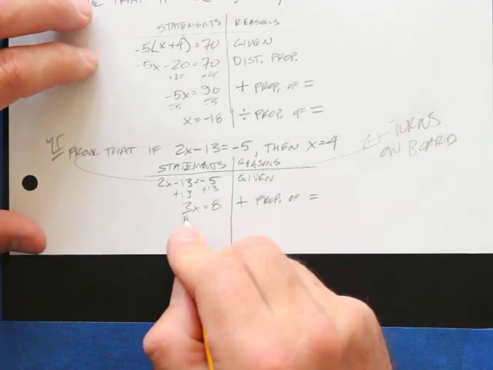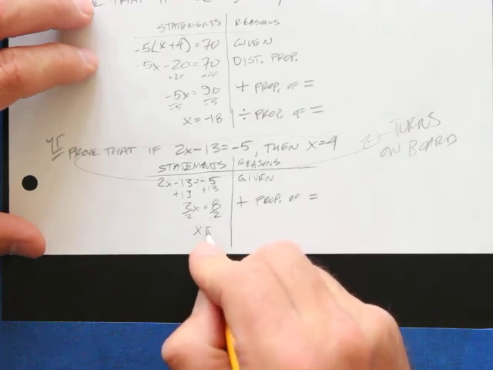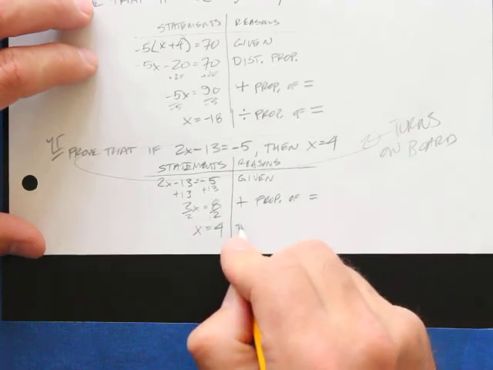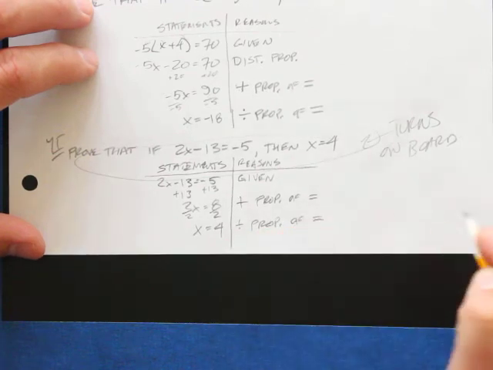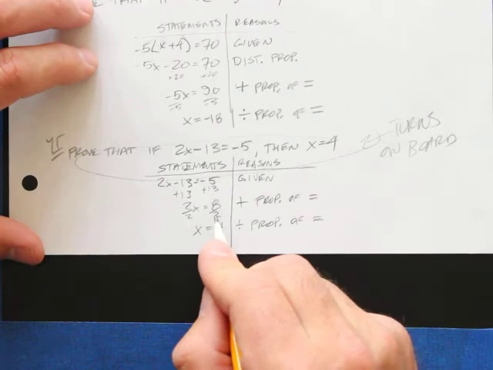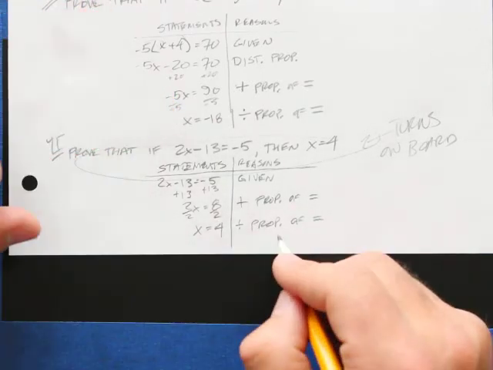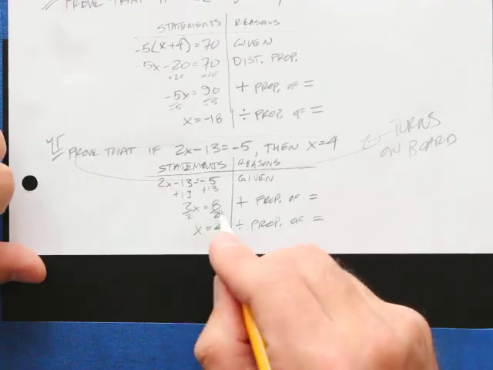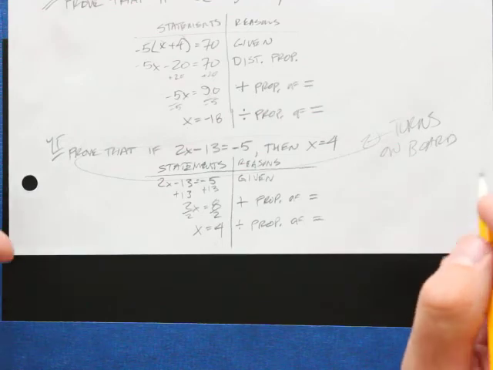Now I'm going to divide both sides by 2, and that is going to get me x equals 4 by the division property of equality. What I divided one side by, I divided the other side by, and so the division property of equality got me from this step to this step, and I have done my proof.